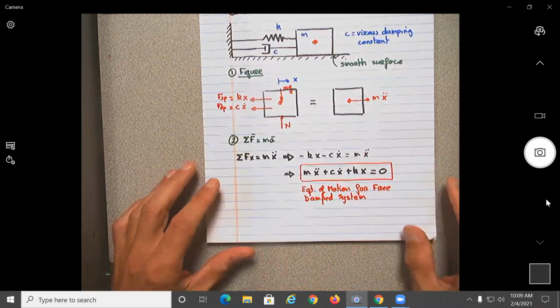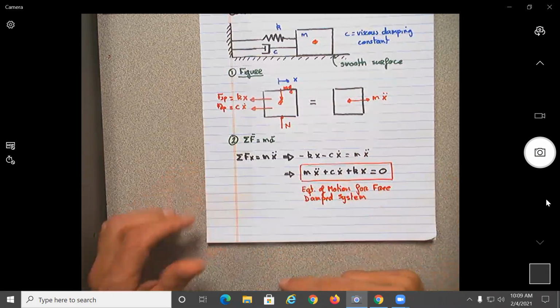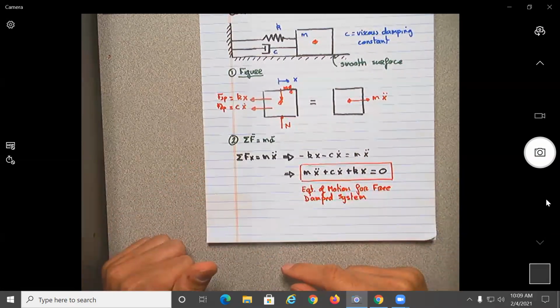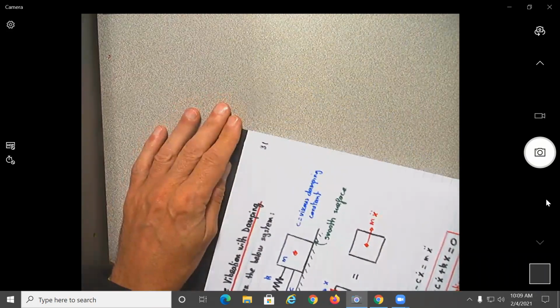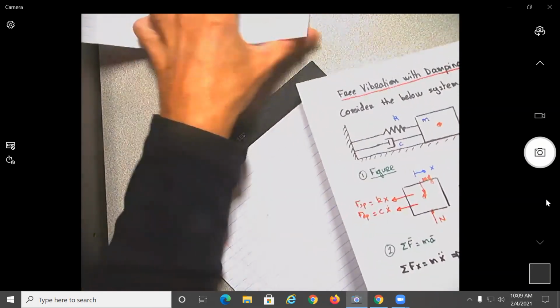All right, so now we need to solve that differential equation, okay? And see what would be the difference with the one before.